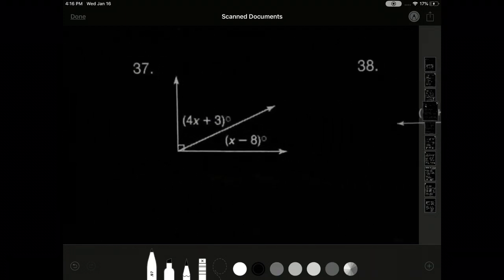In 37, the angle right here tells us that these two angles are going to be complementary. So we're going to take 4x plus 3, and we're going to add it to x minus 8, and that's going to equal 90.